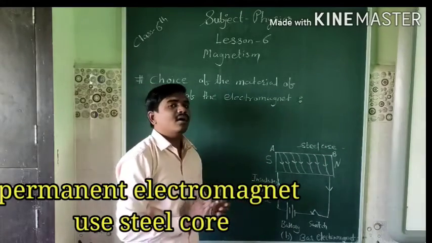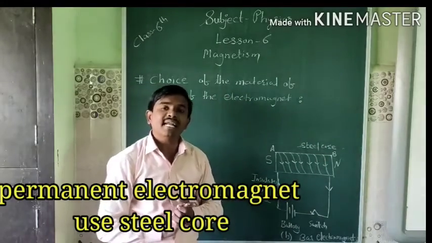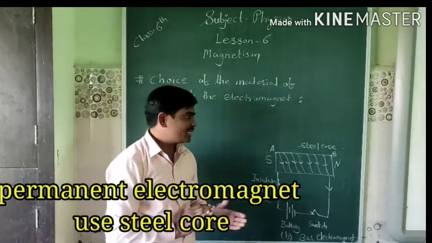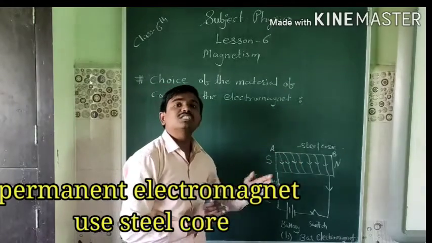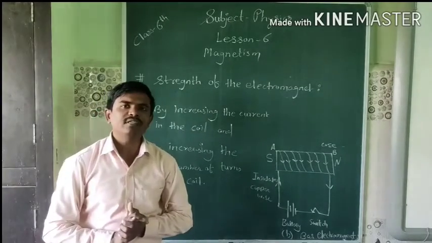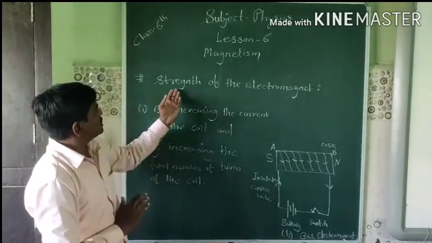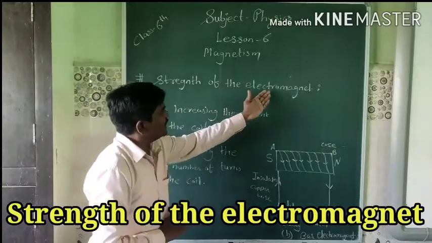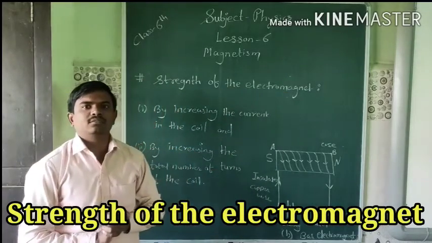Then it will become a permanent electromagnet when the current is passing through these coils. Now students, I will teach you the strength of the electromagnet.